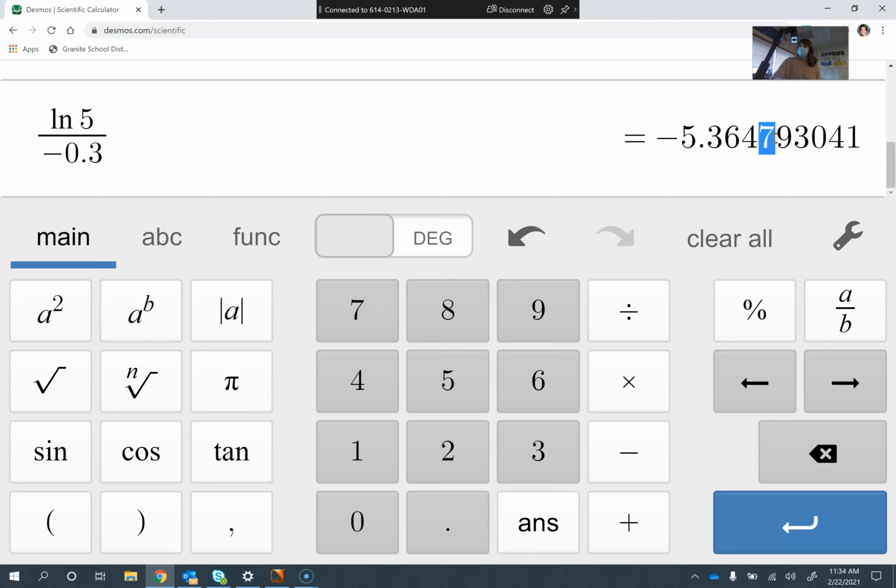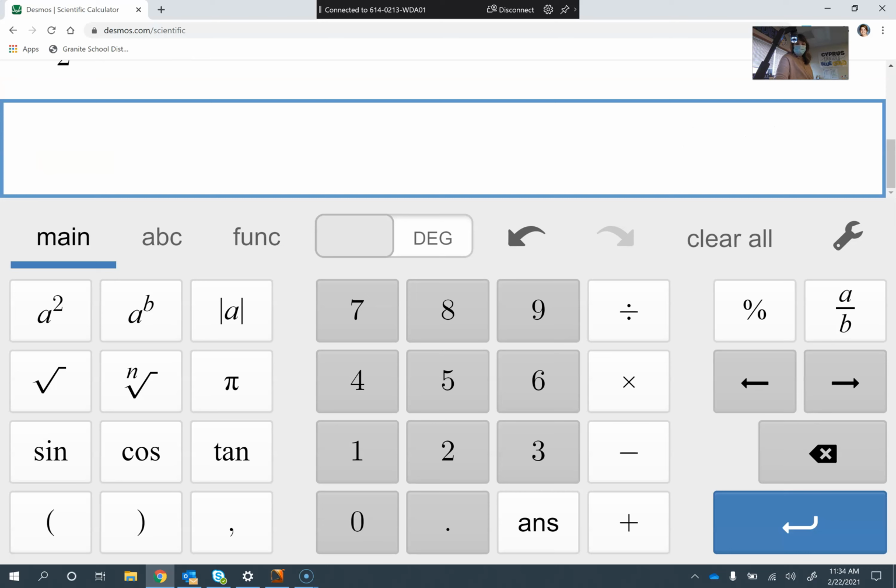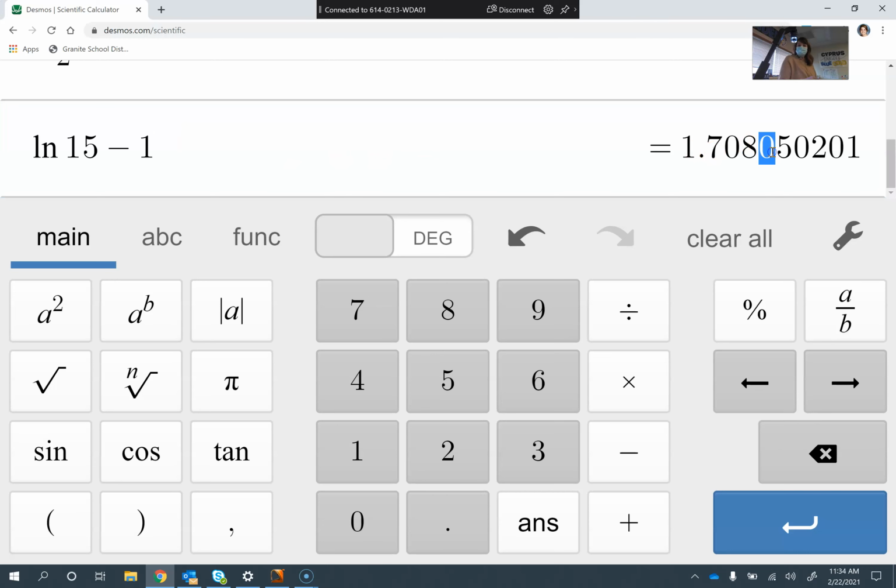So what I plug into Desmos is ln of 15 minus 1. There's a 0 in the fourth spot. So our final answer is 1.708.